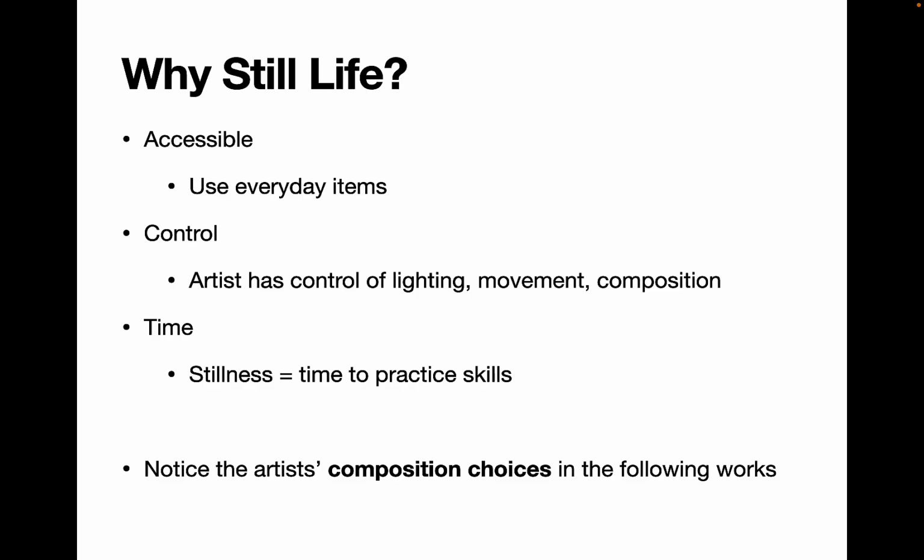You can make sure it's not moving around. If you're drawing from a model or a person, they're going to be moving all the time, and you can't ask them to sit for you and pose for 12 hours so you can get it right. You can also, most importantly for this project with a still life, control the composition. You can create your own composition.